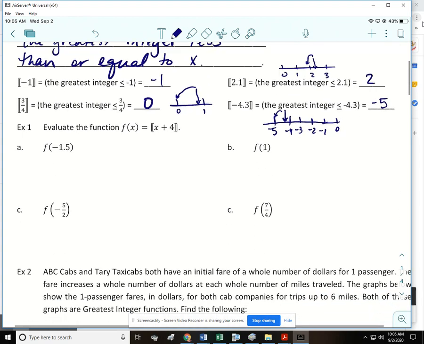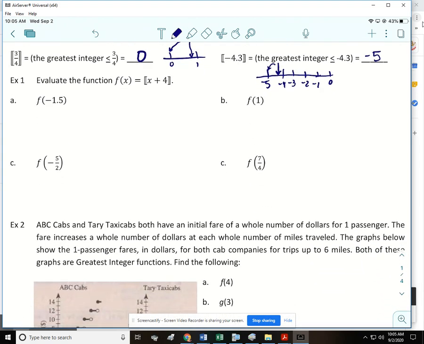Okay, so we're going to evaluate this function. So we'll put in -1.5 for x. All right, so inside those brackets, you should get 2.5.